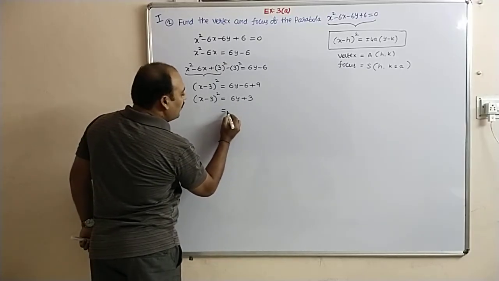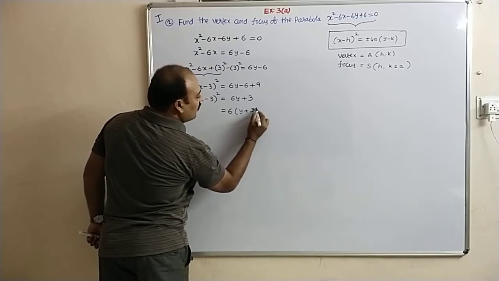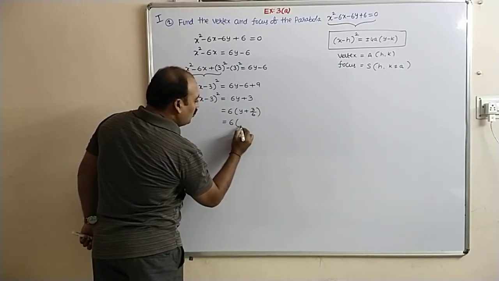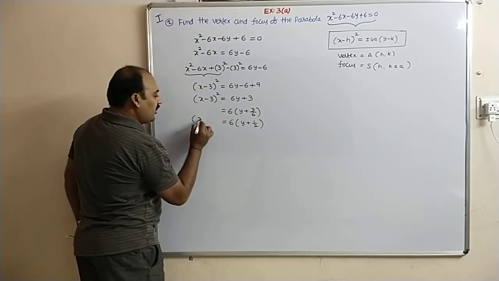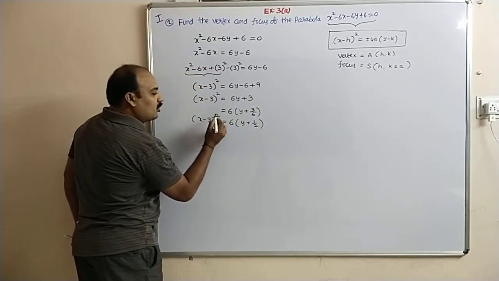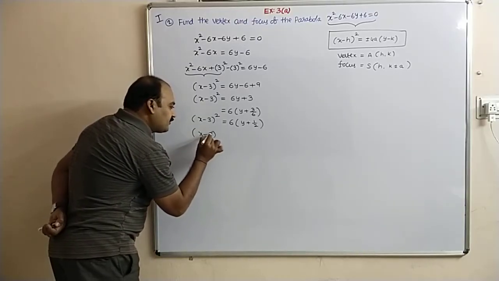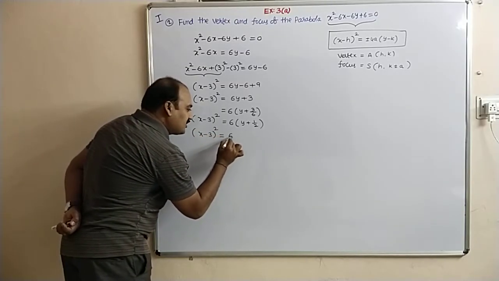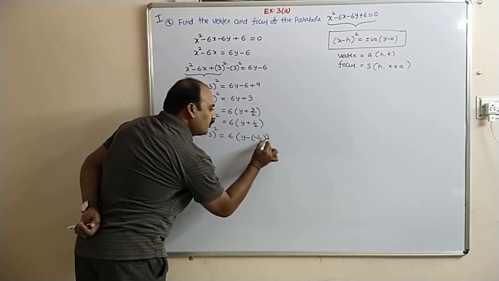Now 6 take common here, y plus 3 by 6, which is equal to 6 into y plus 1 by 2. 3 ones are 3, 3 twos are 6. x minus 3 whole square equal to, here still it is not in that form, no. x minus 3 whole square equal to 6 into y minus of minus 1 by 2.